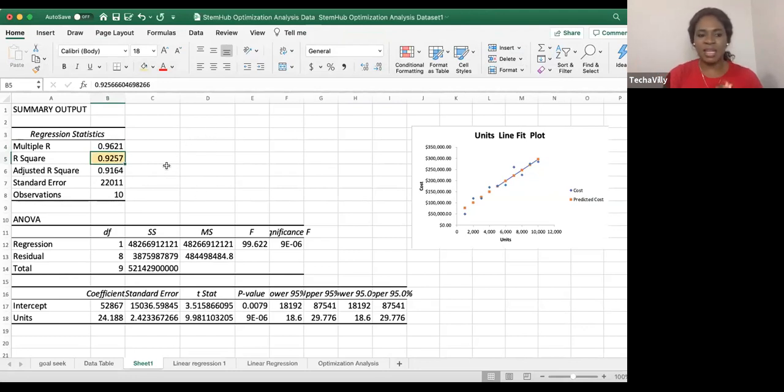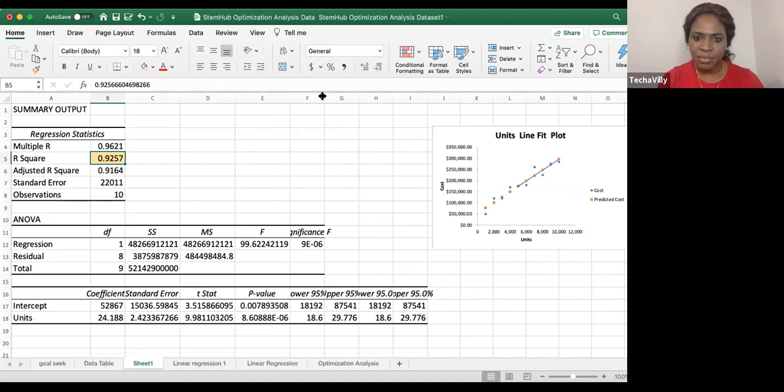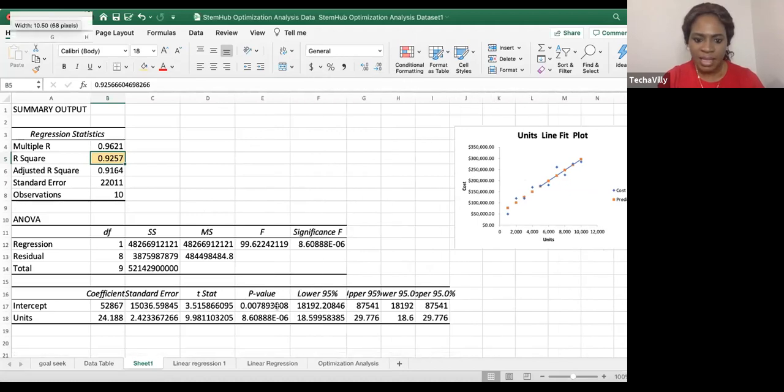From what I explained, I want to believe that this is a very good R square. This is good because it is 90%. If you turn this to percentage, it's going to be 93% if you approximate this 0.92. So this is a very good model. This company can use this. However, let's see what's going on here with the p-value.